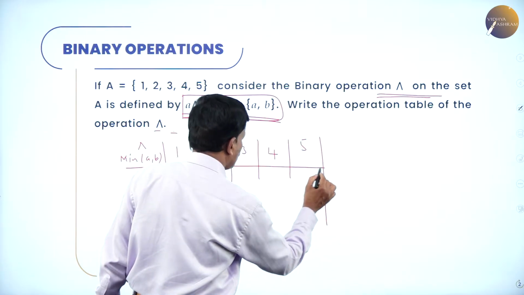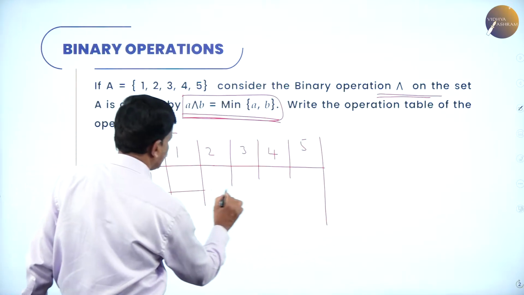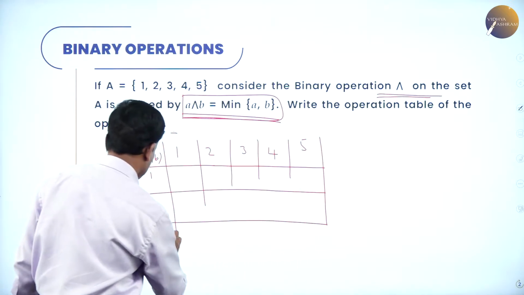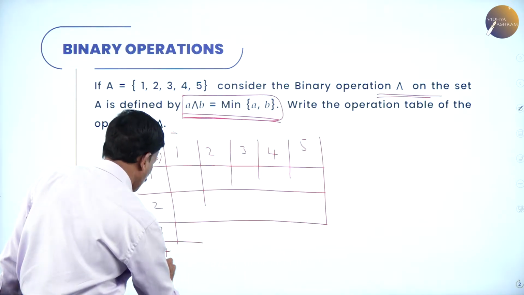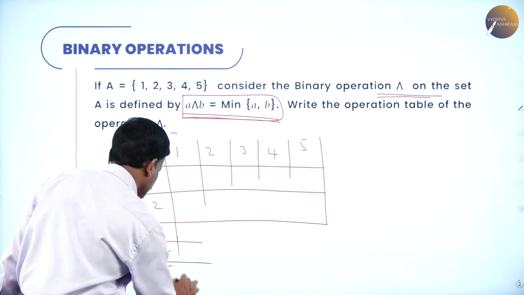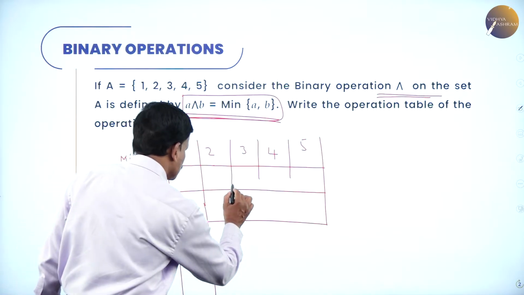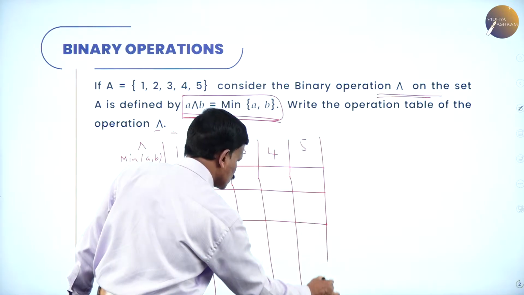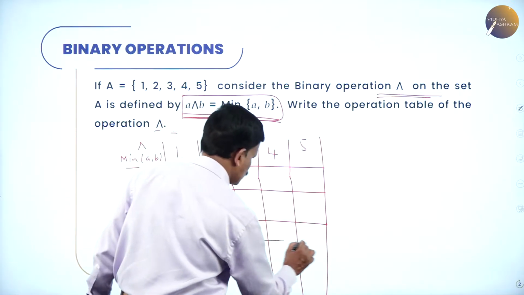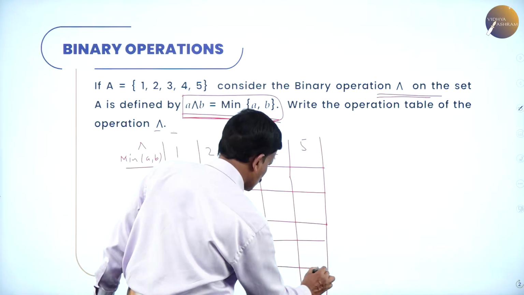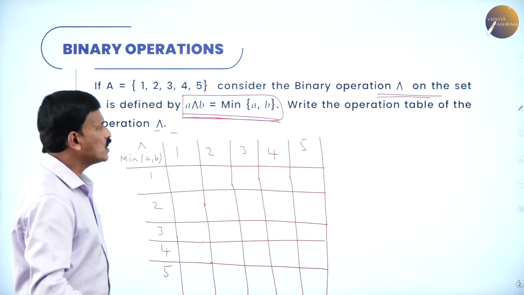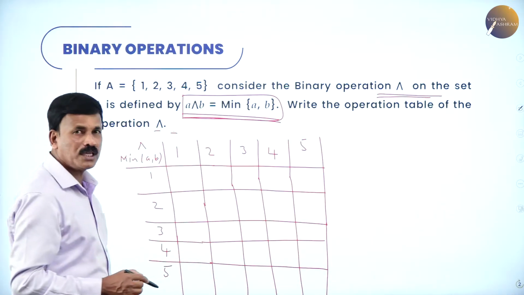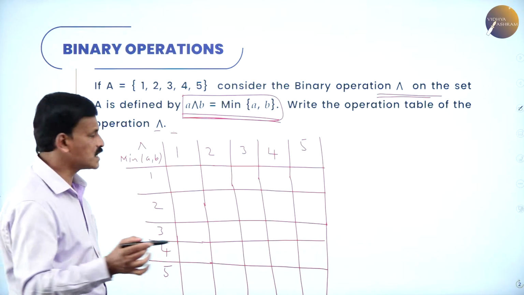Now let us take the same elements along the rows and columns: 1, 2, 3, 4 and 5. Now let us construct the table. So what is the condition? Minimum of A and B. Very simple and very easy.